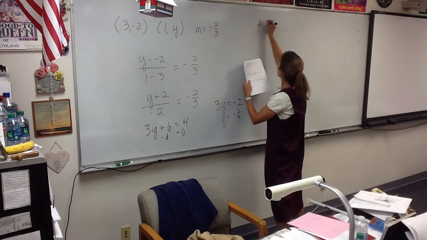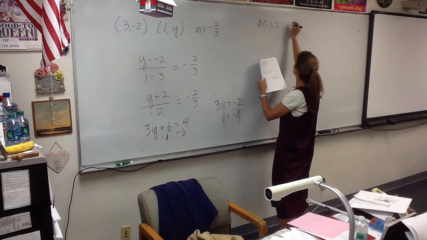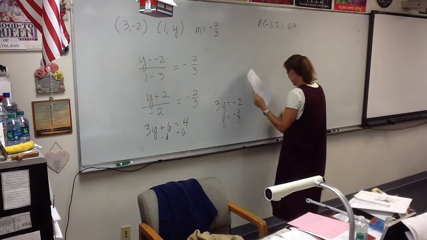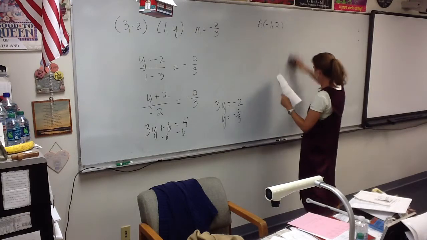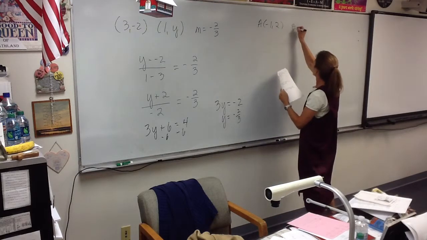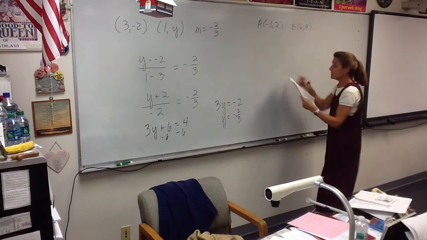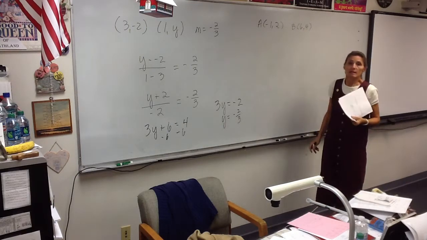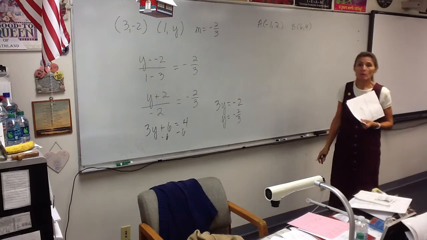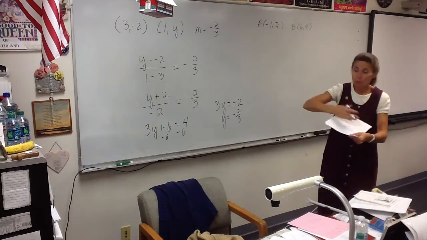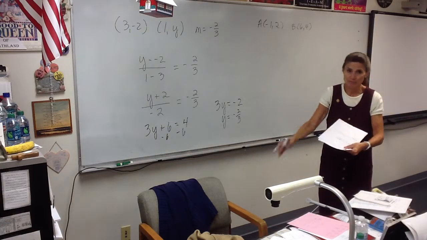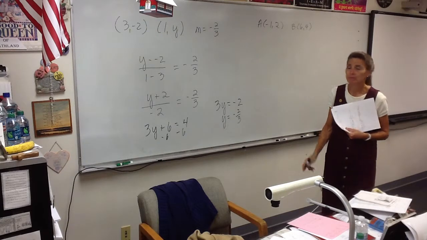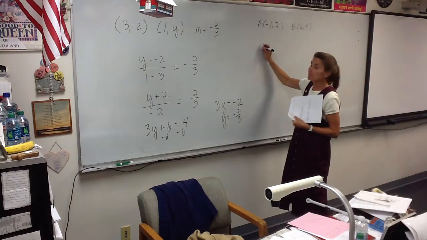3a, here are my 2 points. Now, in order to write the equation of the line, no matter which strategy you're using, you need to find the slope. So step 1, find the slope.